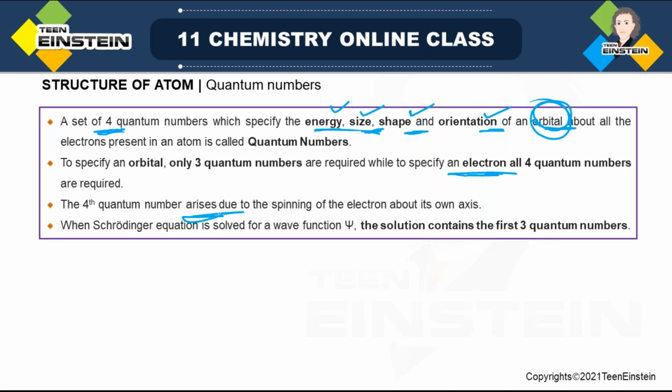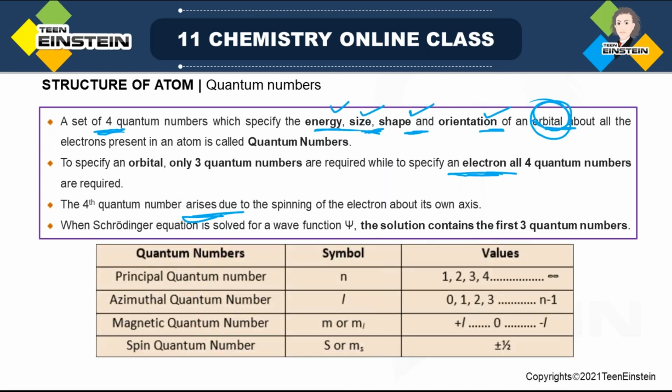The 4th arises due to the spinning of the electron about its own axis. The electron is revolving around the nucleus, but it is also spinning on its own axis. When the Schrodinger equation is solved for a wave function psi, you get only the first 3, and the 4th arises because of the spinning of the electron about its own axis.